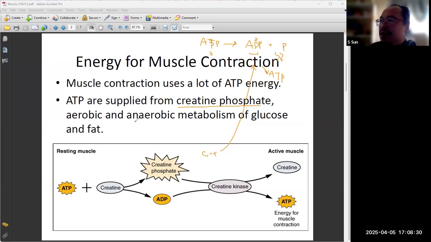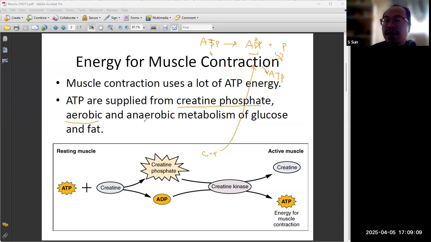From there, muscle will go into the aerobic process or the metabolism in the mitochondria to generate more ATP. So mitochondria need to take in oxygen, take in glucose, and then increase the generation of the ATP. And also the anaerobic metabolism, the cells will quickly burn the glucose without the oxygen, to produce ATP. Yeah. So that's how our body does it.